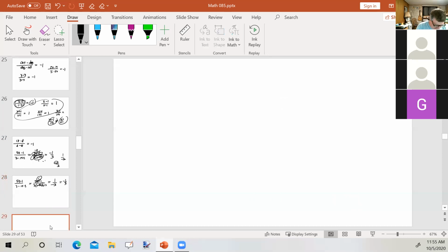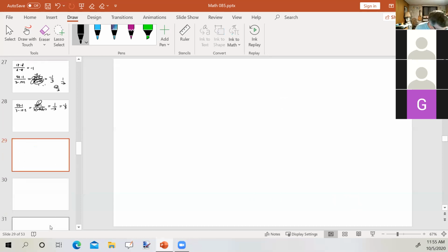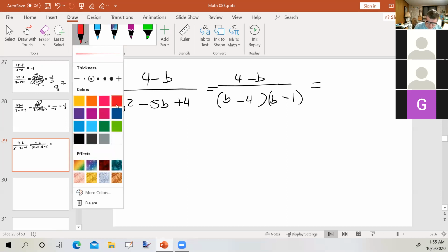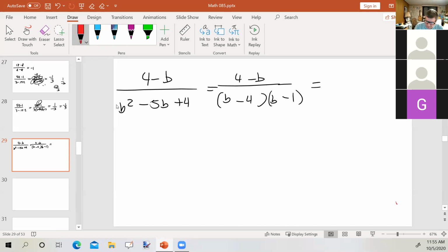All right, let's see how we doing here. 4 minus b over b squared minus 5b plus 4. So this is 4 minus b. And then here we're going to have b minus 4 times b minus 1. Okay. You see how I got to that second step?